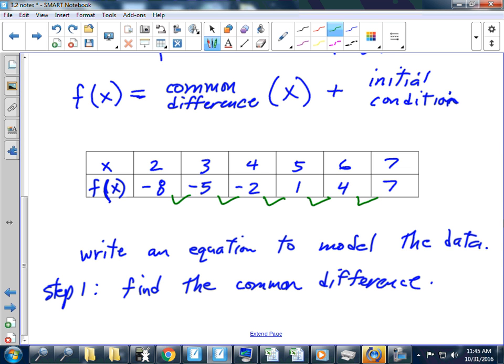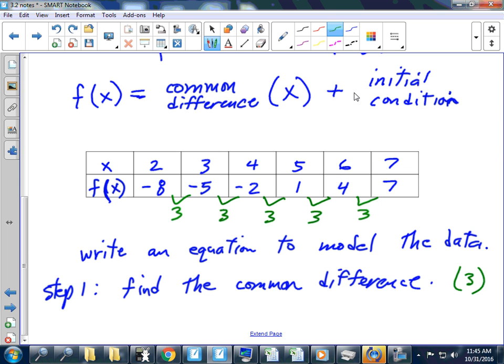Well, what's the difference between 7 and 4? 3. So you do know. What's the difference between 4 and 1? Yeah, the common difference then is 3.